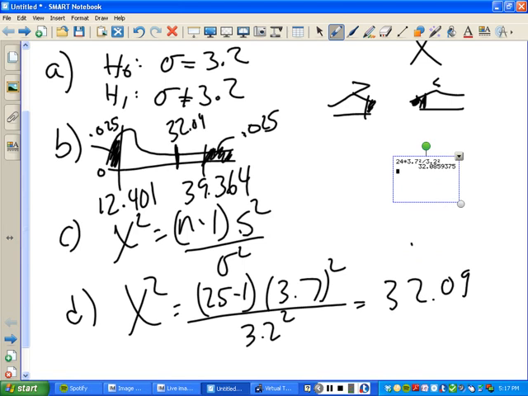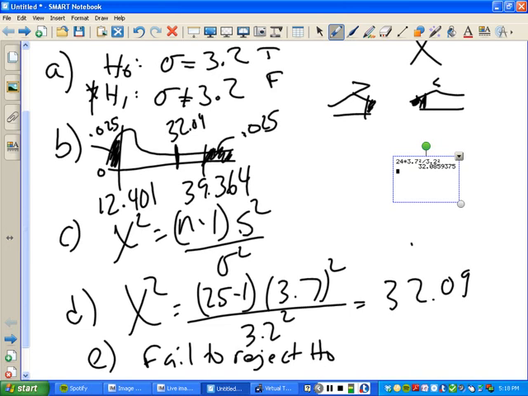So with it being in the non-shaded area, at this point, we'll go ahead and proceed and say that we would need to fail to reject H0. Now, which of those was my claim, H0 or H1? H1 was my claim. Now, if I failed to reject H0, I'm saying that H0 is true and H1 is false. What am I doing to the claim? Am I supporting it or not supporting it? At this point, I would say I'm not supporting it.